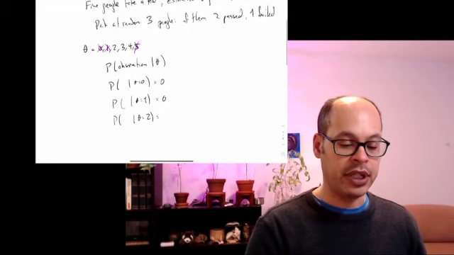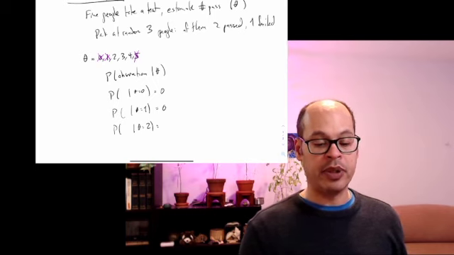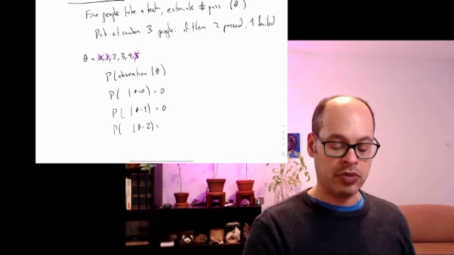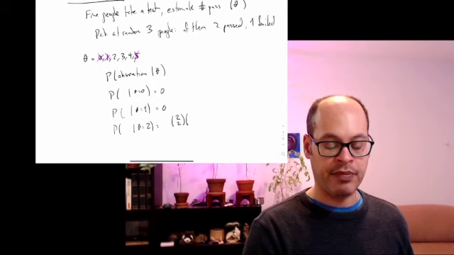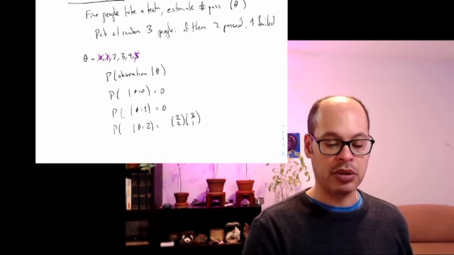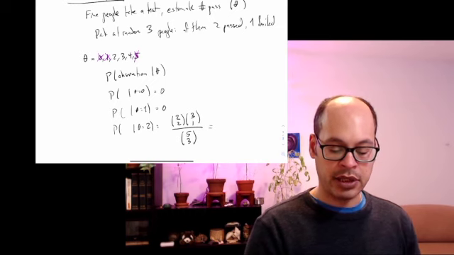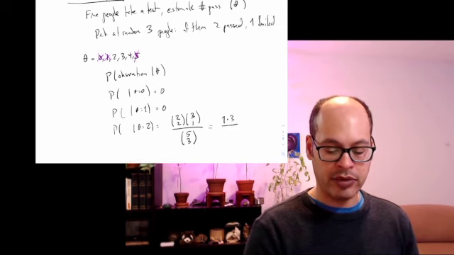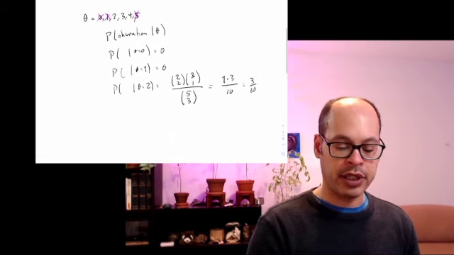Okay, so if we know theta is 2 and we choose 3 people at random and 2 passed, 1 failed, well, that's really saying that of the 2 people that passed, we choose both of them, and out of the 3 people that failed, we chose one of those. And that's of all the different ways we could have chosen 3 people from the 5. Altogether, that's 1 times 3 divided by 5 choose 3, which is 10. So that's 30%, 3 out of 10.